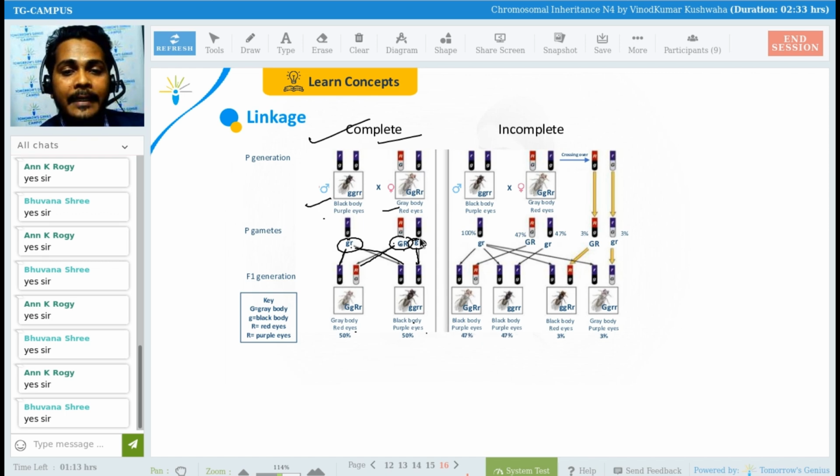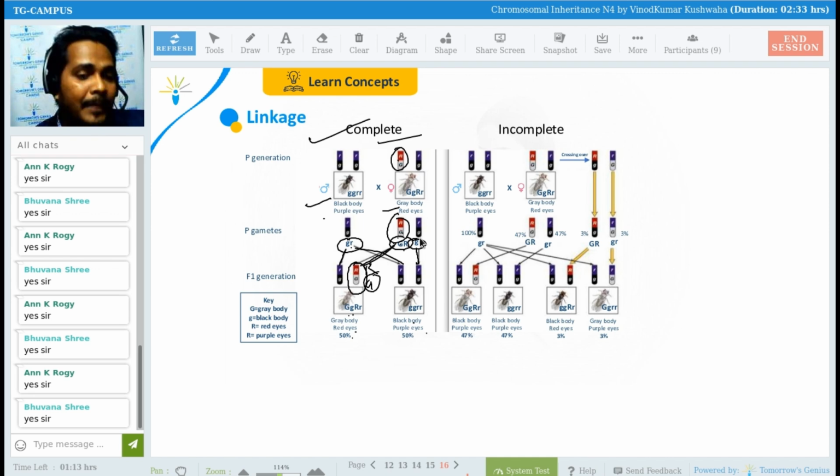That's why all the characters in the gametes passing into the F1 generation are not going to be changed. As here you can see red and G, here is also red and G, that indicates a red eye and gray body. So red eye gray body is also passed in the first generation. That means there is no crossing over, right? So this is complete linkage without any crossing over.